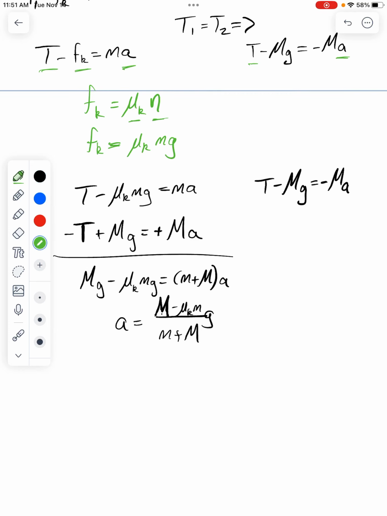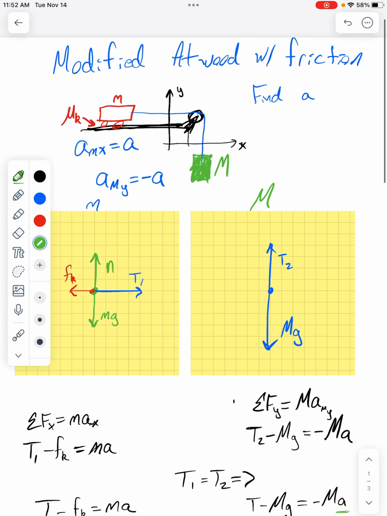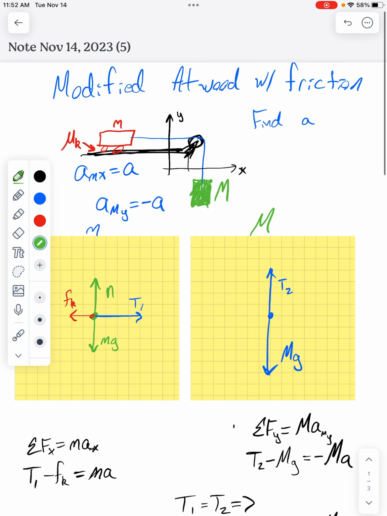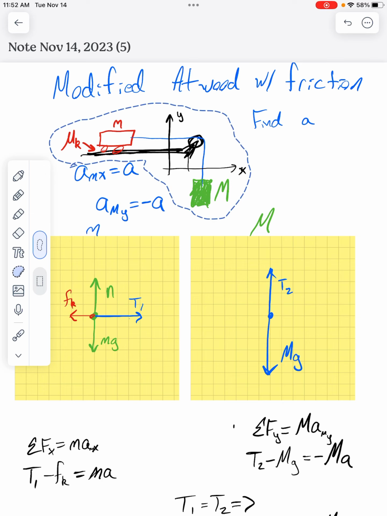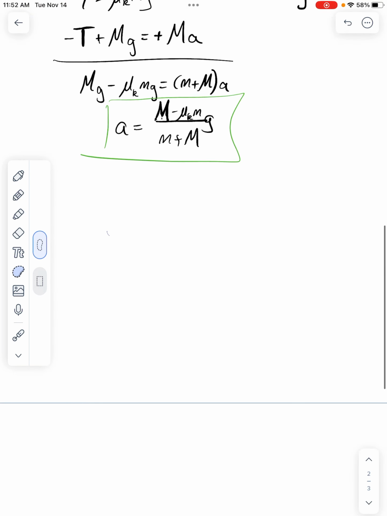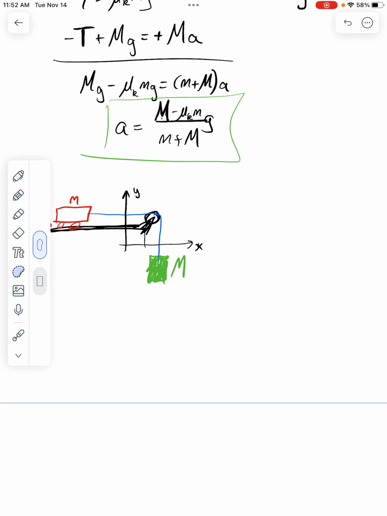Okay. So this is the answer to the question, but let's do it the other way real quick. So I'm going to grab a picture of our setup here, and I'm going to copy. I'm going to come down here, I'm going to paste, and then I'm going to erase this coordinate system.